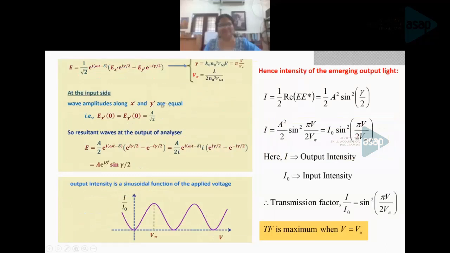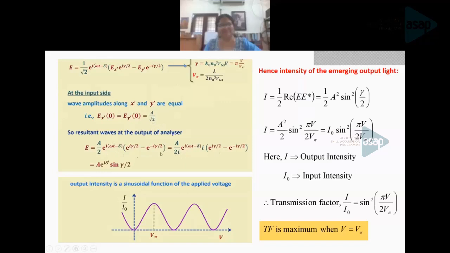The retardation comes in the presence of the field, whereas the input light comes in the absence of the field. So both are of equal magnitude, that is A by root 2. Just substitute that here, and you will get this equation.